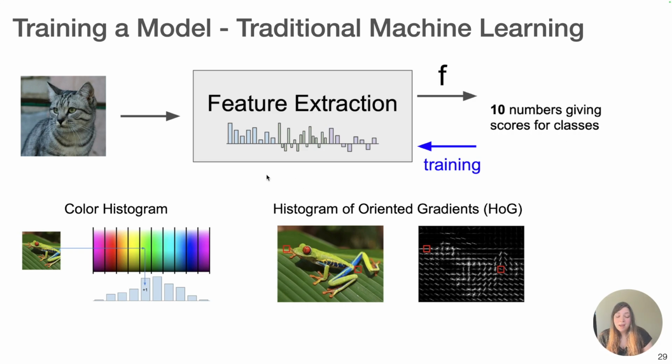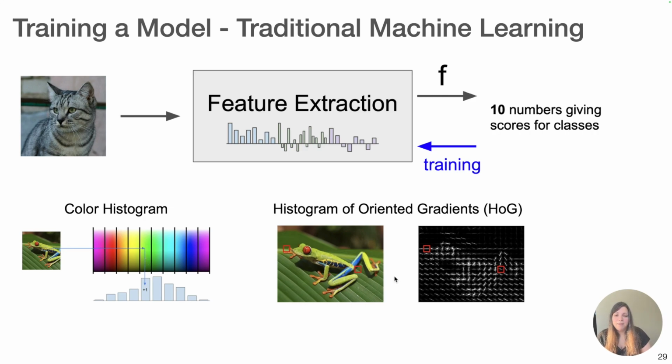Some of the features that have been used in the past are, for example, the color histogram. You can imagine this is an informative feature because if you know the predominant colors within an image, it gives you some information about what could be in the image. Many frogs tend to be green, so if green is a predominant or very frequent color, it gives you some information about what is in the image. Skies tend to be blue and so on. So color is a useful feature to have.